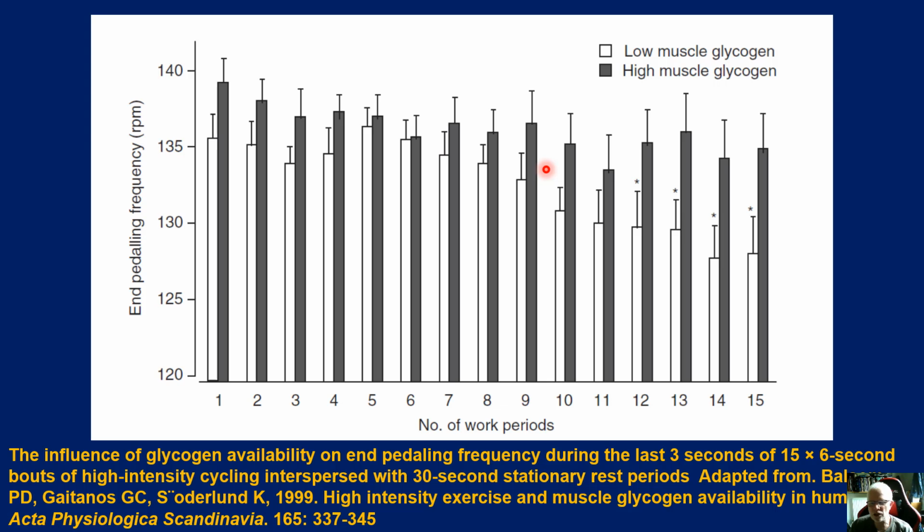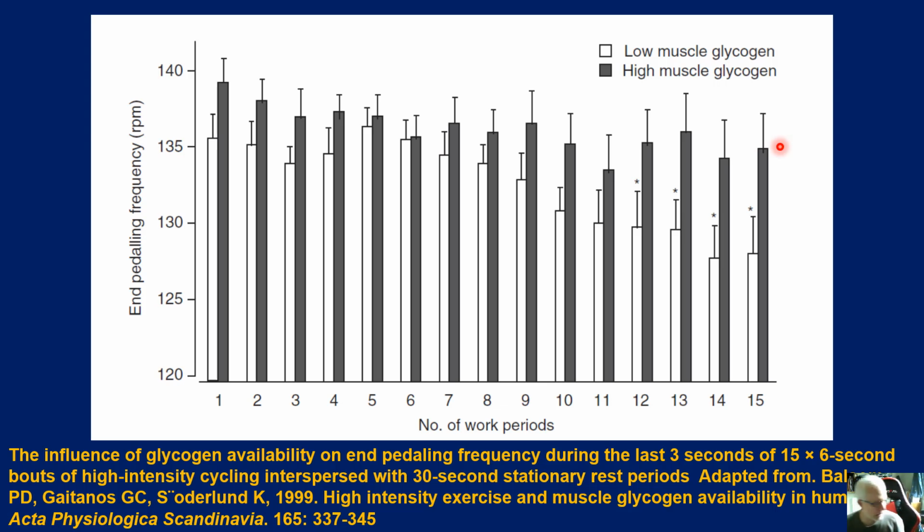But what you start to see is when muscle glycogen content was low, look what starts to happen in terms of pedaling cadence. After about sprint 9, we get a rapid decrease in cadence, whereas when glycogen content was high, that doesn't really happen.